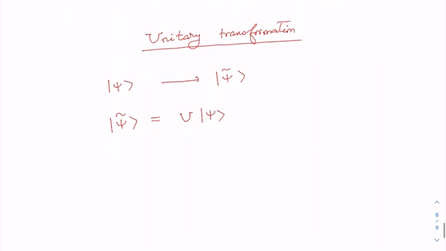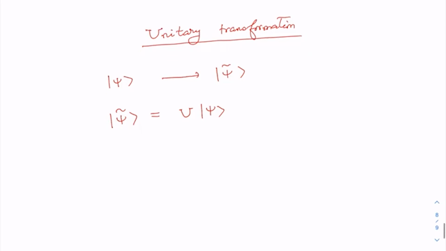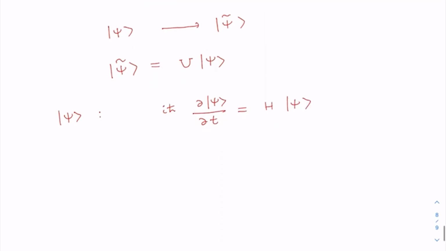Now the question is, how does the Hamiltonian transform? When I am in the old state vector, its time evolution is given by the Schrodinger equation iħ ∂ψ/∂t is equal to Hψ, and when I go over to the new state vector psi tilde, the time evolution is again given by the Schrodinger equation, but now H is replaced by a new Hamiltonian H tilde.